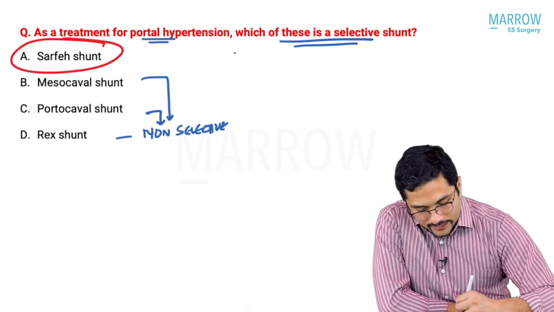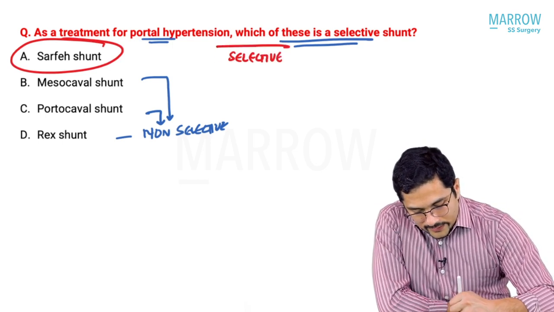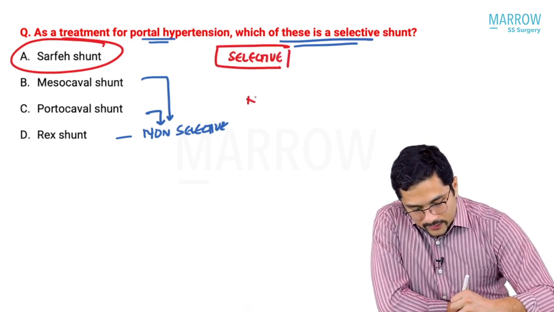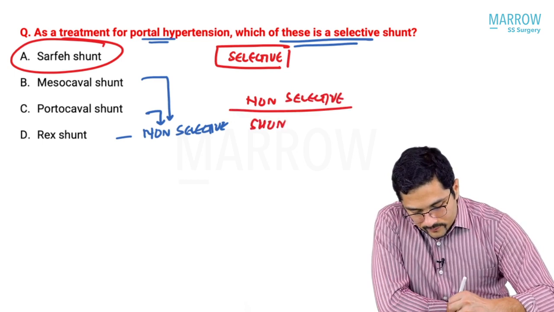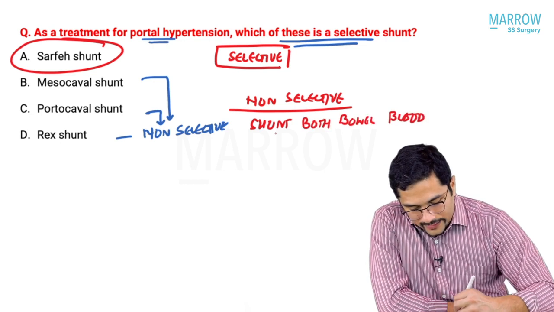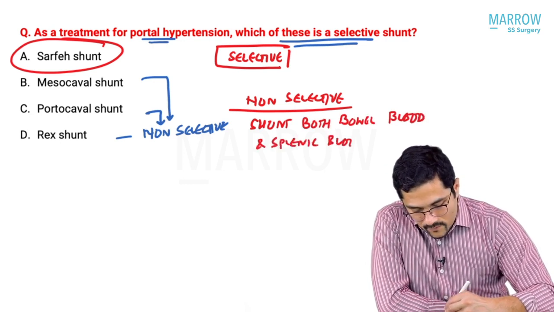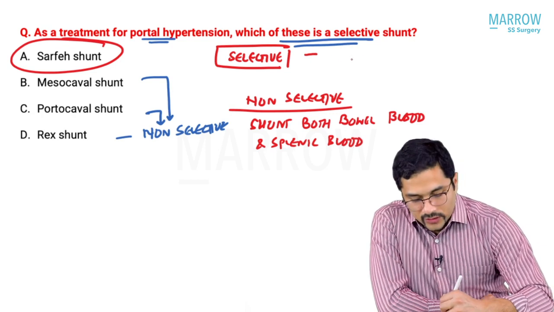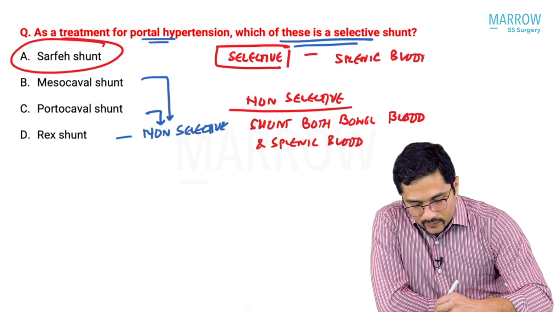And you know, you have selective shunts and you have non-selective shunts. Non-selective shunts shunt both bowel blood and splenic blood, whereas a selective shunt only shunts out splenic blood.